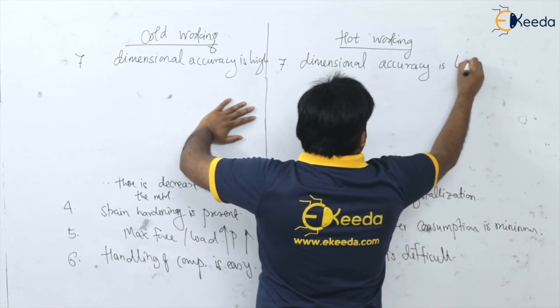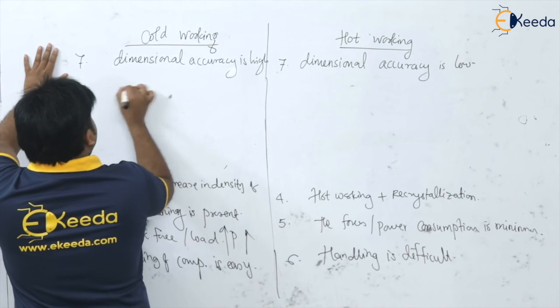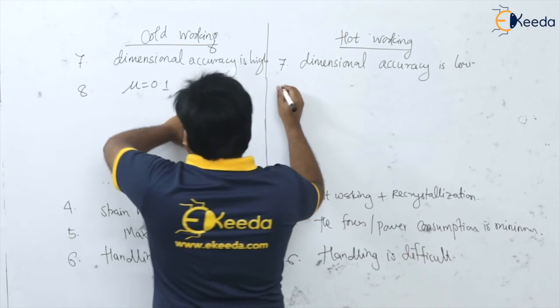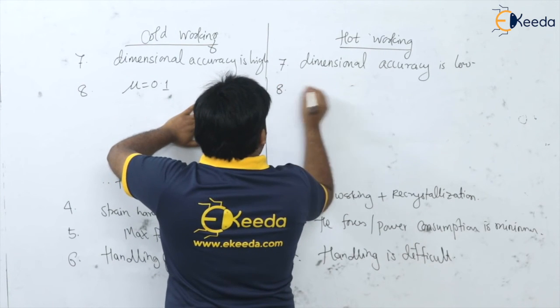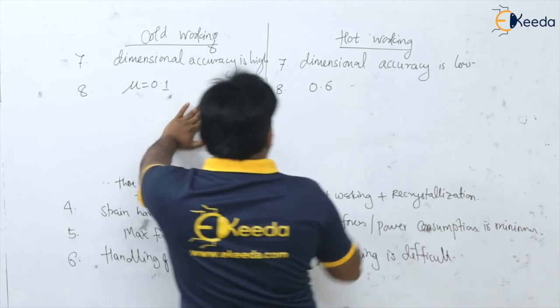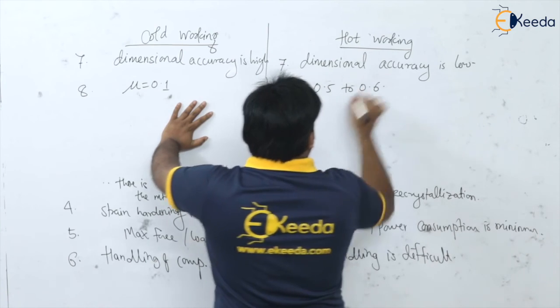If you see the coefficient of friction in cold working, it is 0.1, and in hot working it is 0.5 to 0.6.